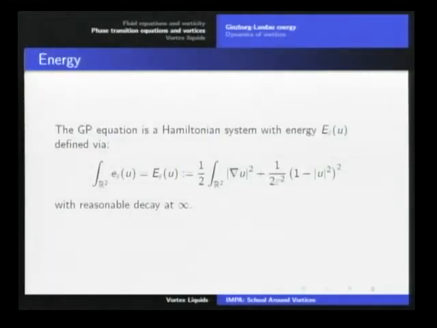And in a lot of cases that are of physical interest, for instance, in the Ginzburg-Landau equation, there's a Hamiltonian associated to the equations, which I'll write up in a little bit, and that energy is of this form, and has been studied, for instance, by Bethuel, Brezis, Helein at the initial stages, along with many other people, and Leah also gave a lot of background on this. And you hope that there's some type of reasonable decay at infinity.